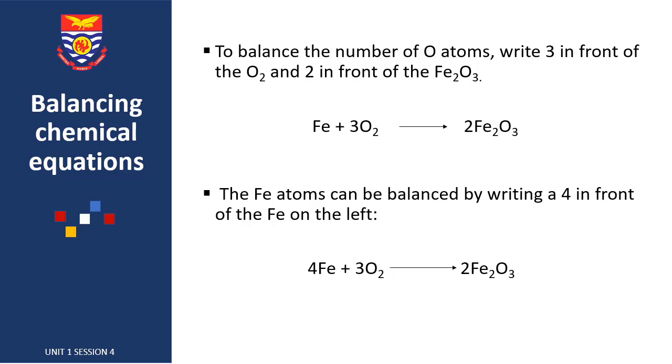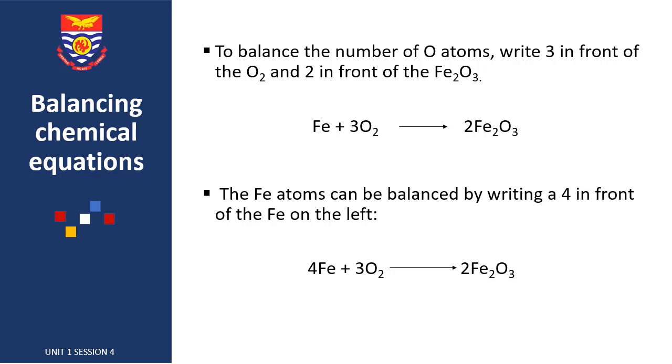So we have 4 atoms of iron. That means we come back to the left and put 4 before the iron. And so our balanced equation is now 4 moles of iron reacting with 3 moles of oxygen molecule to give us 2 moles of iron(III) oxide.